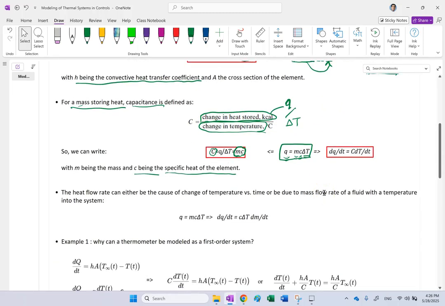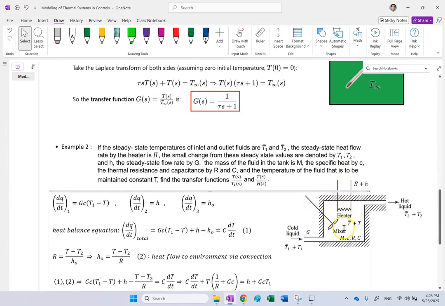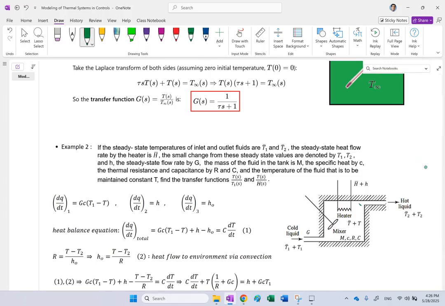Now, one thing else that I need to emphasize is when you have a thermal system, like for instance this one that we're going to study, there are two ways that you can have the heat exchange between this system and the environment in general. Or you might call it three ways.